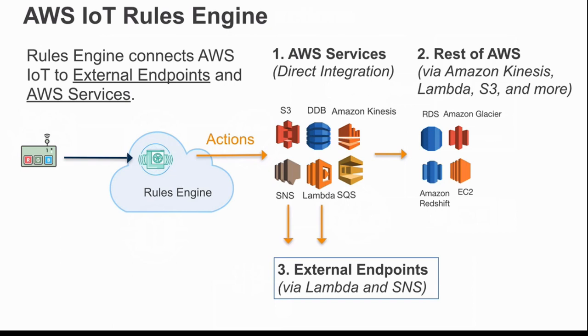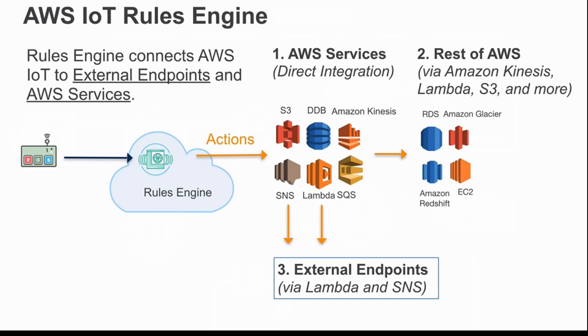At the moment, this includes AWS services such as Amazon S3, DynamoDB, Amazon Kinesis, the Simple Notification Service SNS, AWS Lambda, Amazon SQS, and others as well actually that have been added since launch. So those are powerful direct integrations that you can use to build high value functionality directly within AWS IoT based applications.